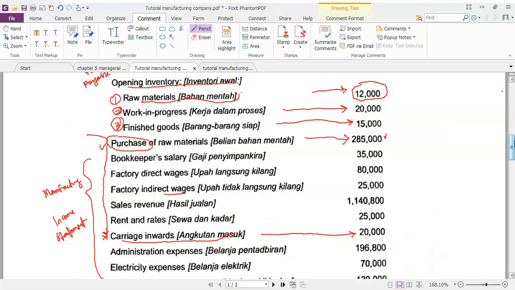Factory direct wages. Indirect, you already know, is more to the factory overhead, not direct. So we choose factory direct wages, it means the wages that we give to the employees directly doing the product, assembling the product. So we choose 80,000 as the direct labor.